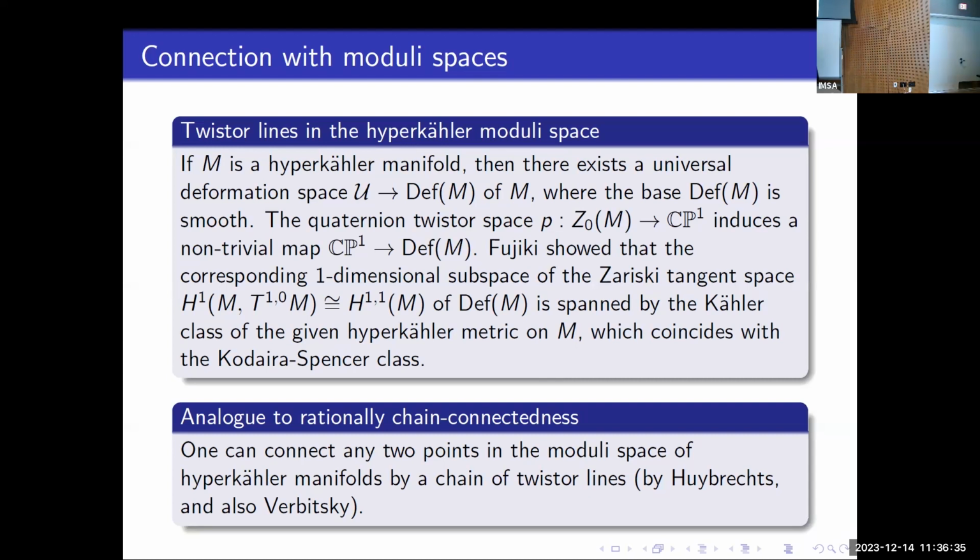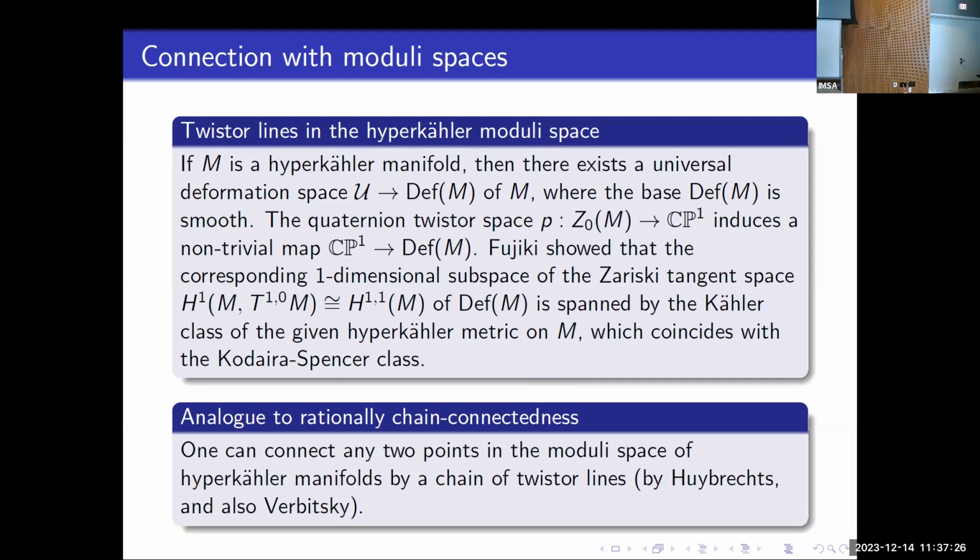So because hyperkähler manifolds are also holomorphic symplectic manifolds, there exists a holomorphic symplectic form sigma inside of each T0 of M. This gives you a trivialization of the canonical bundle, and also gives you an isomorphism between omega 1 and the holomorphic tangent bundle of M. So then this space is the same as H1 of the trivial bundle, which is trivial.